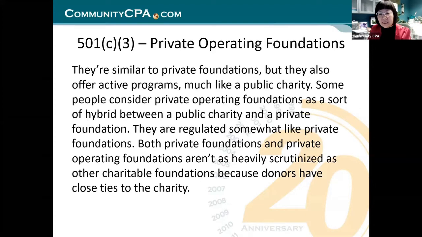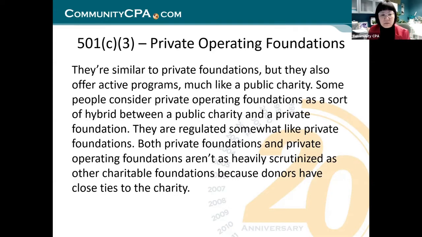There's a private foundation, but there is also what is called a private operating foundation, and they are basically very much like the public charity. Some people consider a private operating foundation a sort of hybrid between the public charity and the private foundation. They are regulated somewhat like a private foundation.